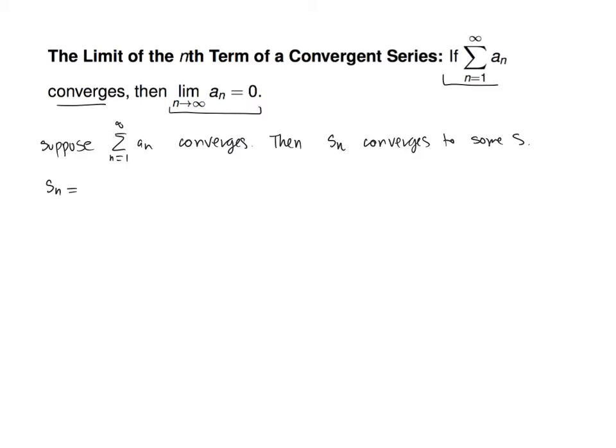It's the nth partial sum, right? Which means add up the first n terms. So like a1 plus a2 plus a3 up to a sub n. And what we want to show is that this thing happening means that a sub n has to go to 0.